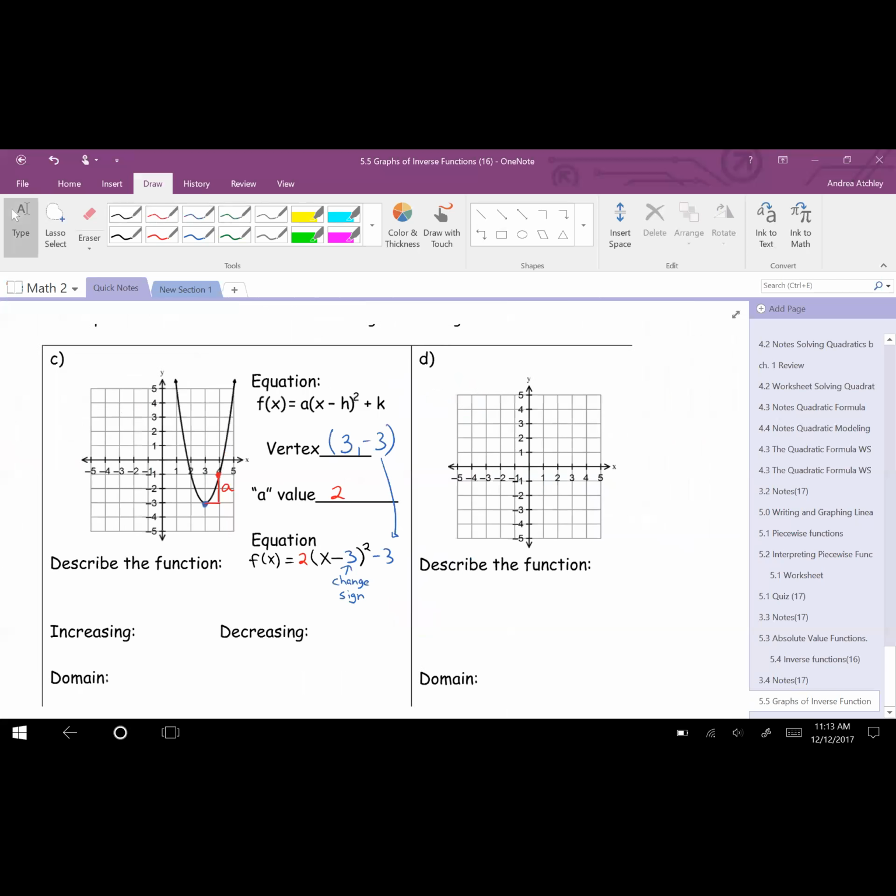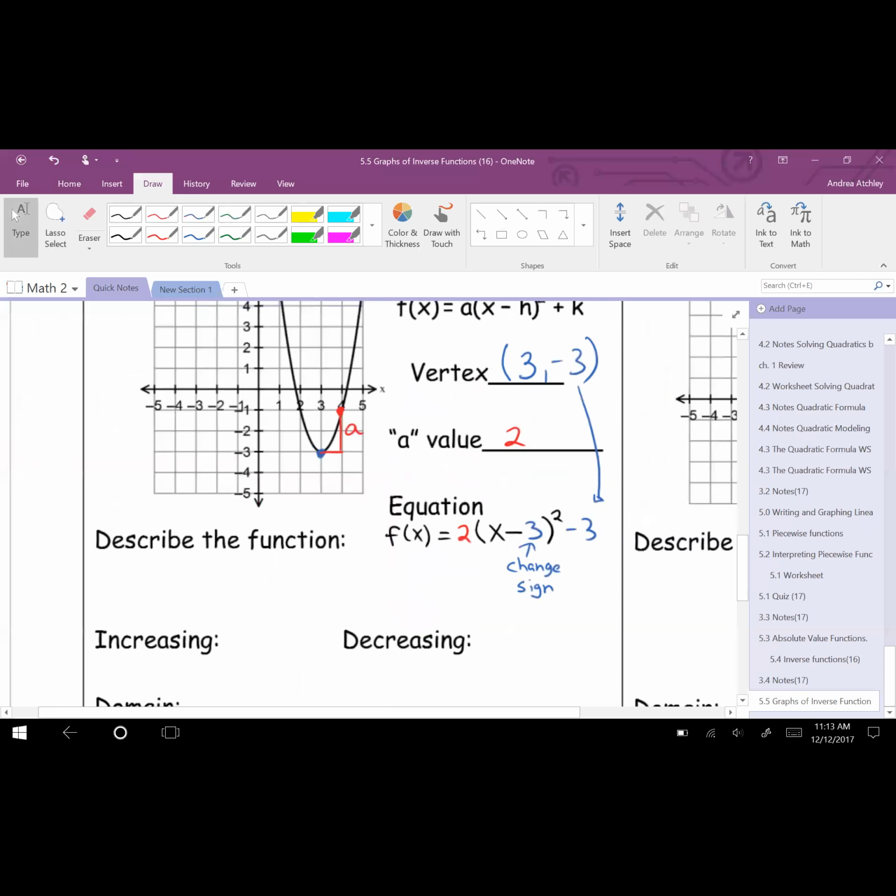Okay, let's describe it. What shape is this, class? Parabola. Is the vertex a maximum or a minimum here? Minimum. At 3, negative 3.